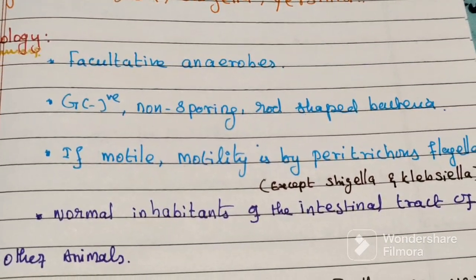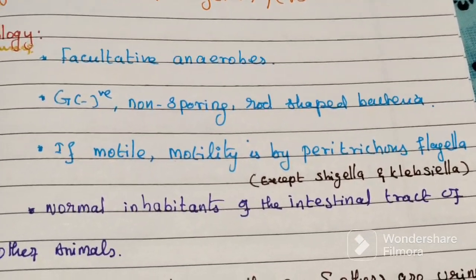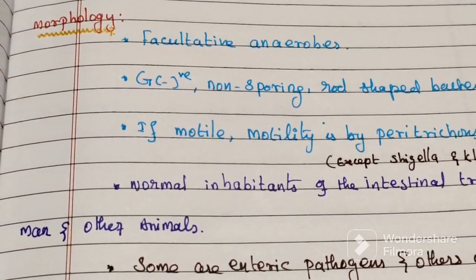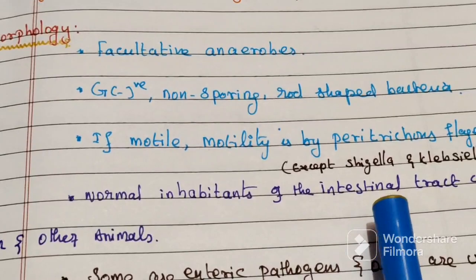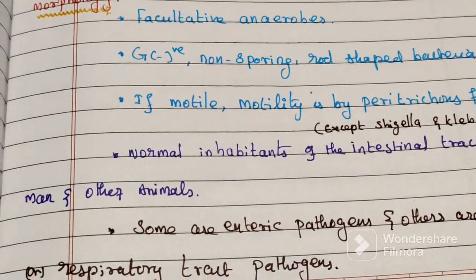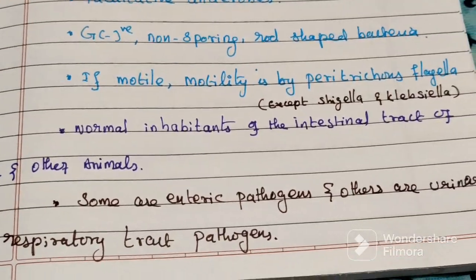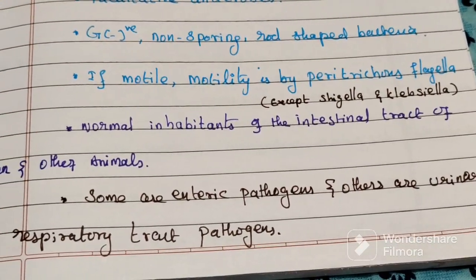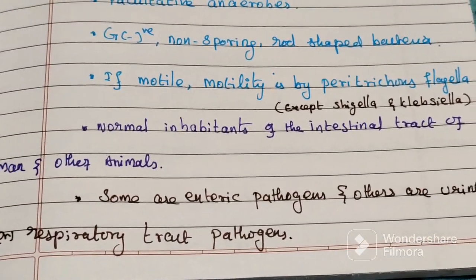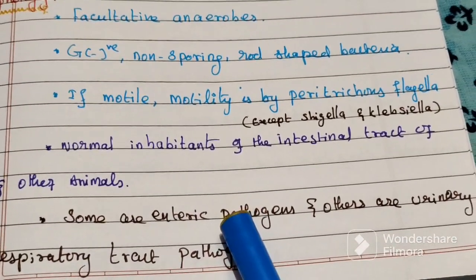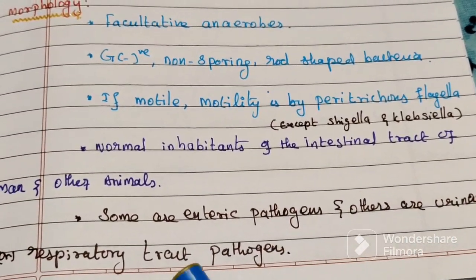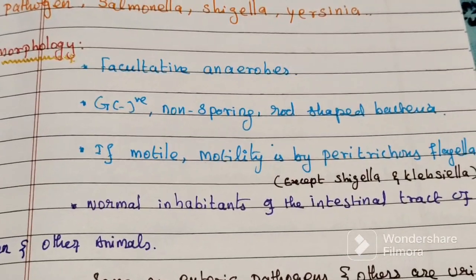They are normal inhabitants of the intestinal tract of humans and animals. Some are enteric pathogens and others are urinary or respiratory tract pathogens.